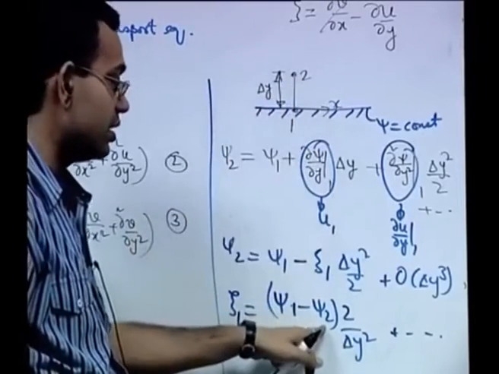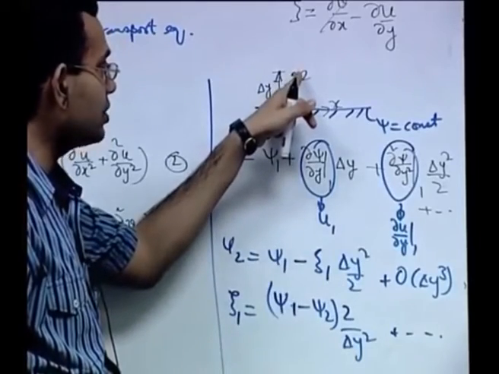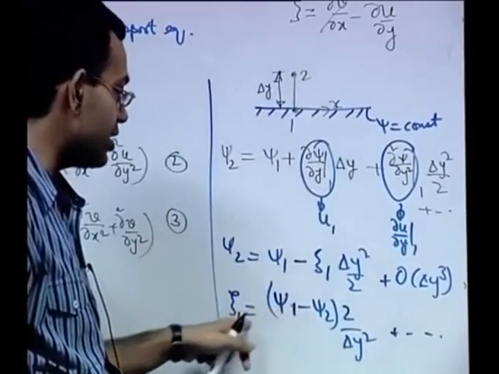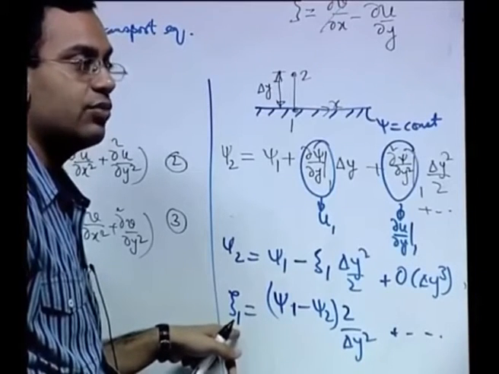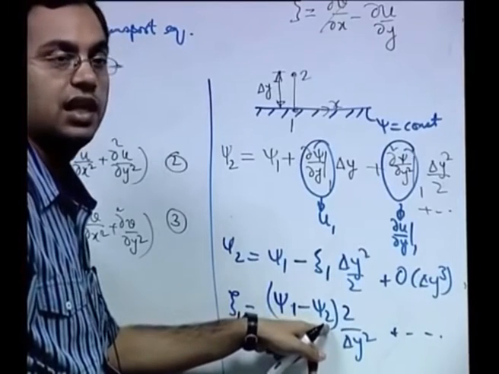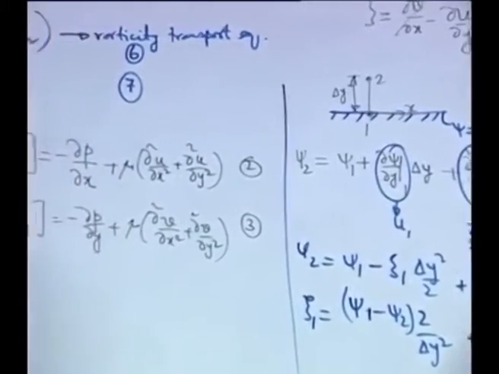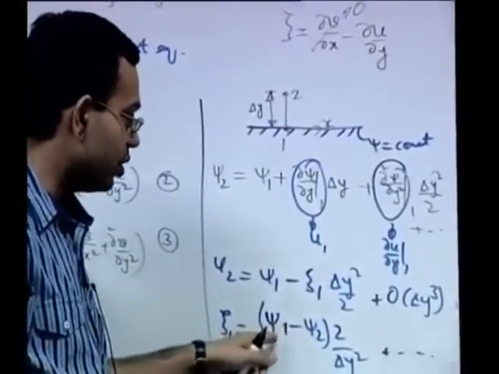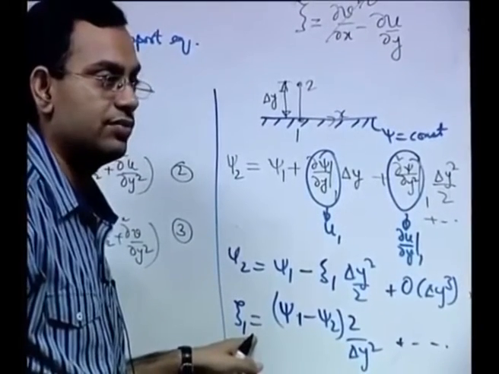So once the value of psi 2 is known, then based on that you can calculate zeta 1. When it is not known, initially it is prescribed by some initial guess. So you can see that you have to go through an iterative scheme because you must know both psi 1 and psi 2 to define the boundary condition zeta 1.